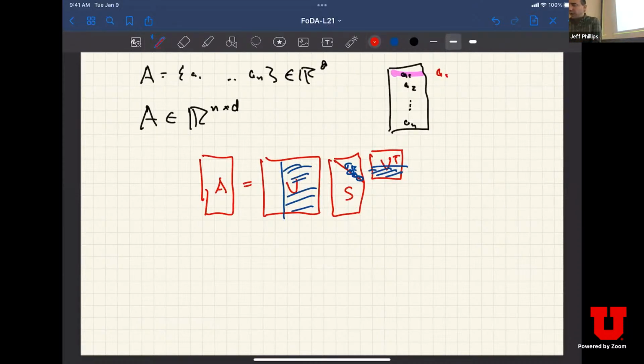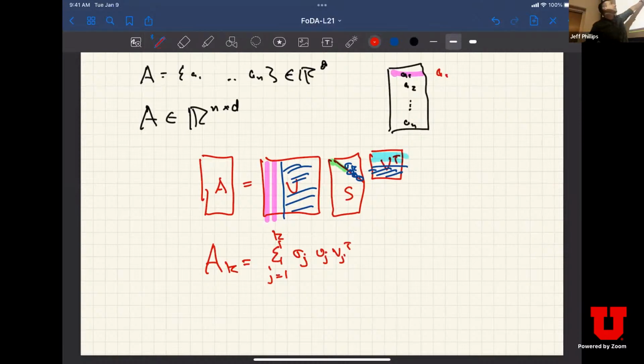The result is going to be these k columns here and k rows here, which are left, and k of the values along here, and I can recover A_k as the sum of these components, sigma_j u_j v_j transpose, and this will give me a rank k approximation.